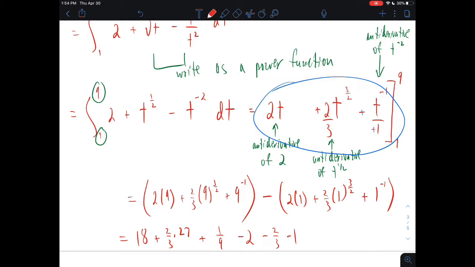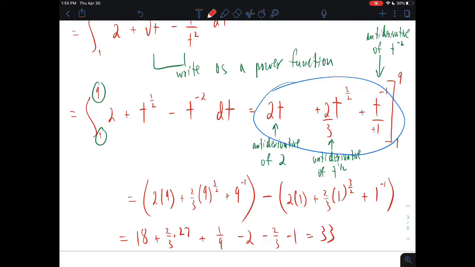So now we can just get a final answer from those. So 18 plus 2/3 times 27, that's 2 times 9, so that's another 18, so I've got 36. Minus 2 minus 1, so that's 33. Combining all of our whole numbers. And then plus 1/9 but then minus 2/3, which is minus 6/9.